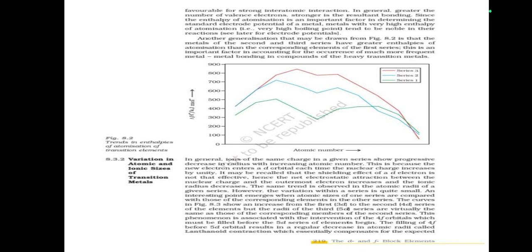The curves in figure 8.3 show an increase in radius from the first (3d) to the second (4d) series, but the radii of the third (5d) series are virtually the same as those of the corresponding members of the second series.